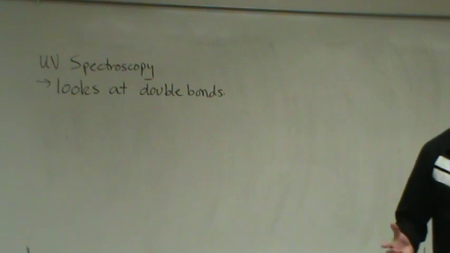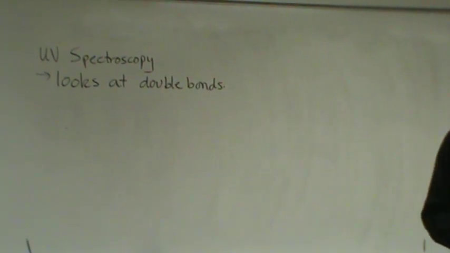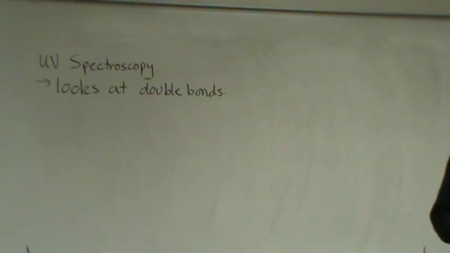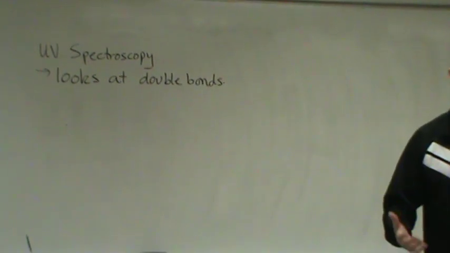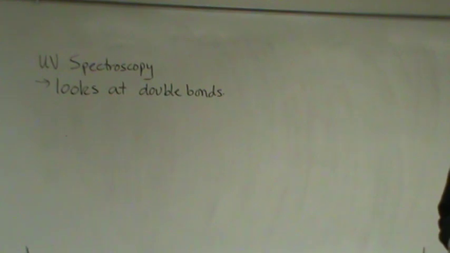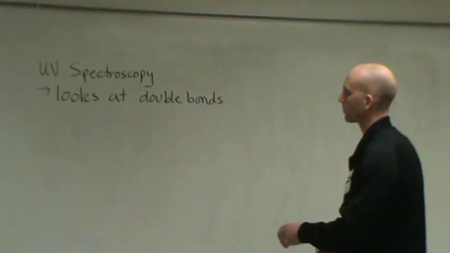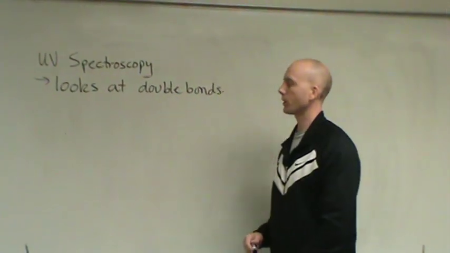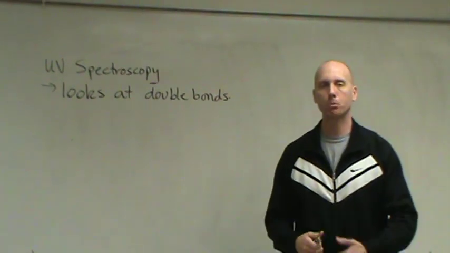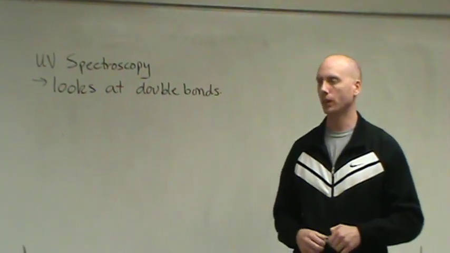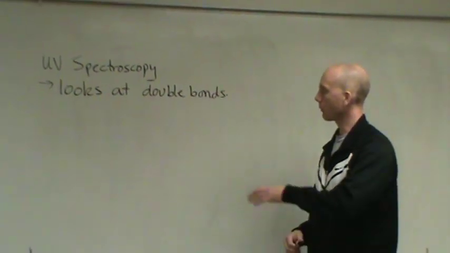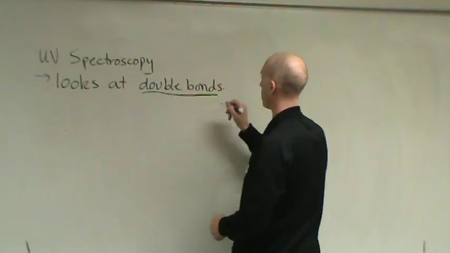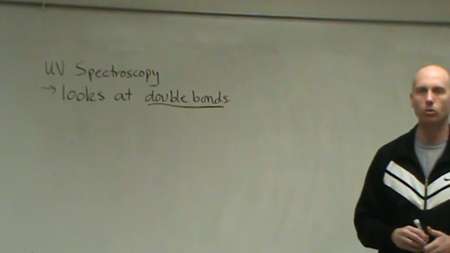We're going to go back after this material later on and look at other forms of spectroscopy, such as NMR and IR and mass spectroscopy. But what spectroscopy does in general is it looks at different features of a molecule to help us identify what the molecule is. And what UV spectroscopy does is it looks at double bonds within a molecule.